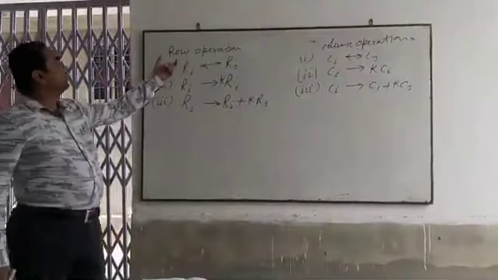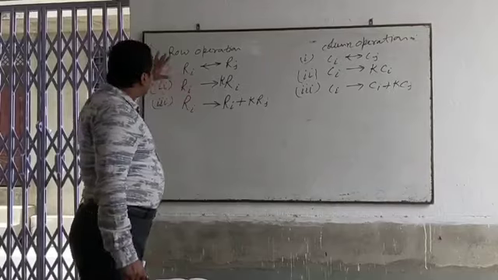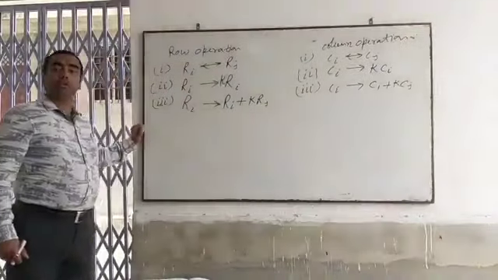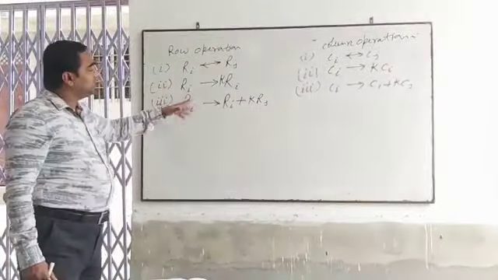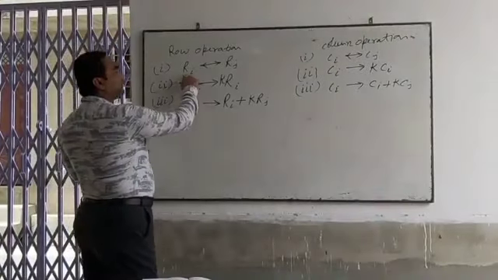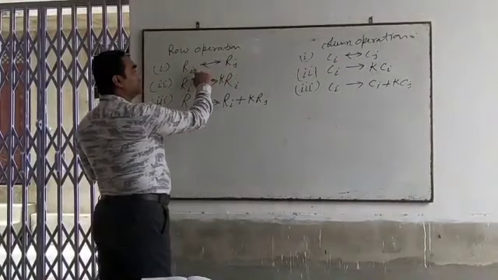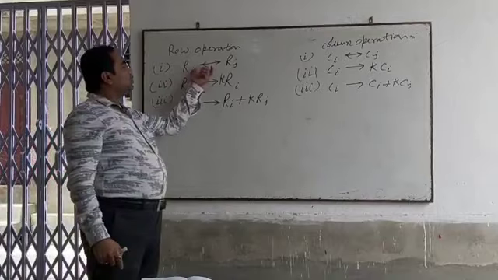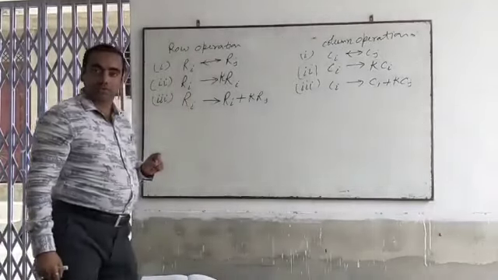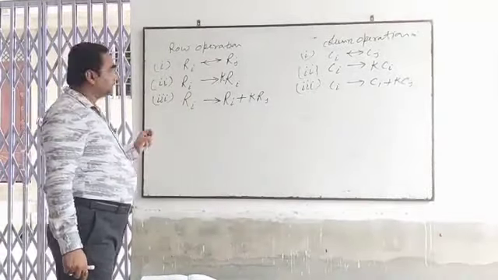At first, let us see. There are three commonly used operations. First one, Ri to Rj, meaning we interchange any two rows of the matrix.